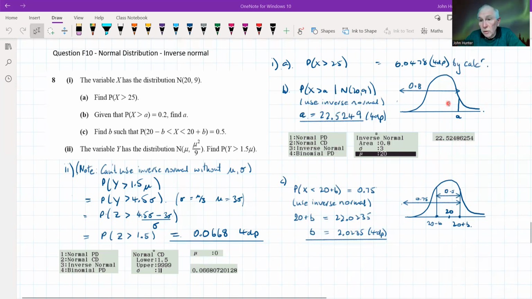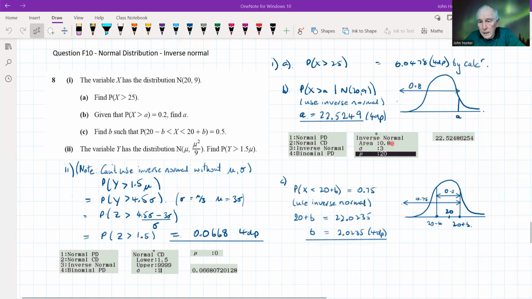So again, this is just a function on the calculator. Since we know the mean and the standard deviation, we can go to the inverse normal. That's option 3 in menu 7. We'll just enter these parameters. Area 0.8, because the calculator gives us the values up to, so it's a kind of less than or equal to function.